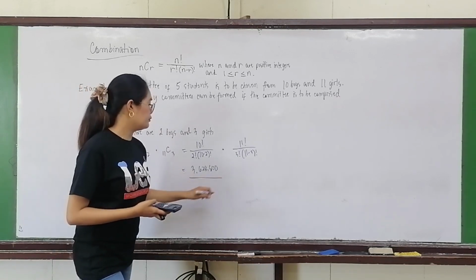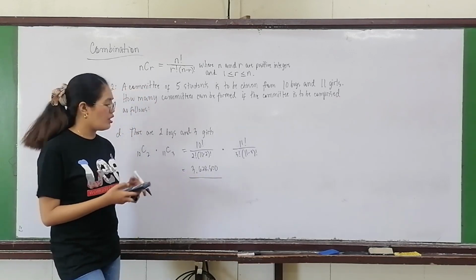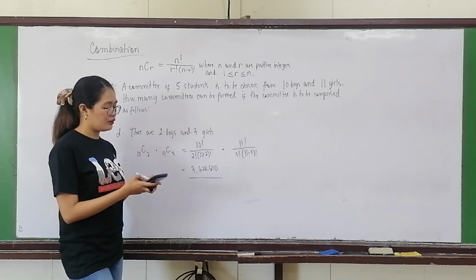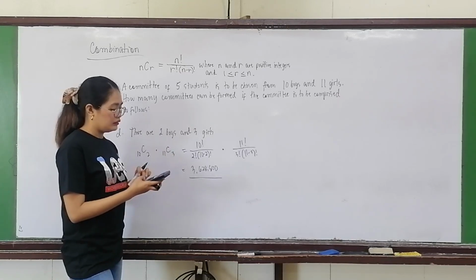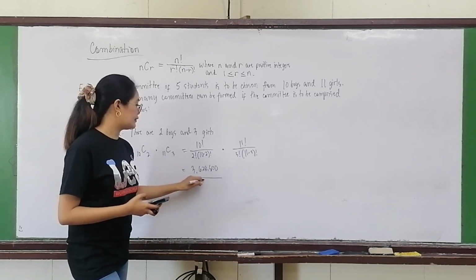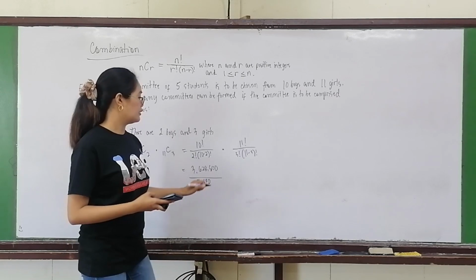Now 2 factorial is 2 times 10 minus 2 factorial, or times 8 factorial. We have 80,640.